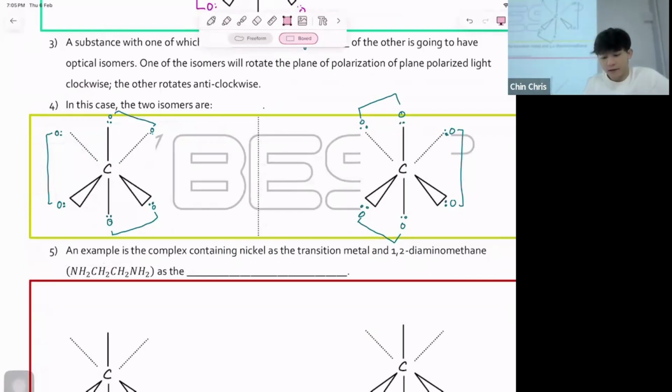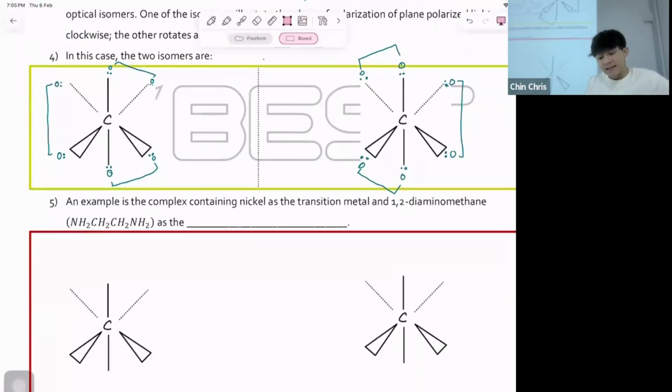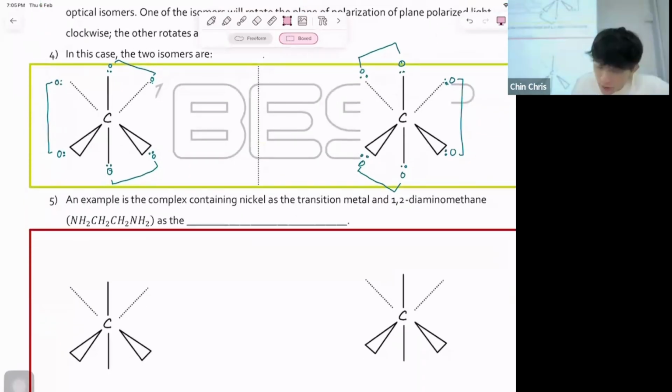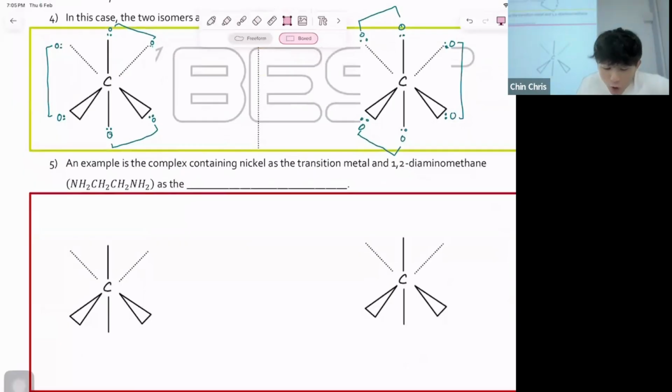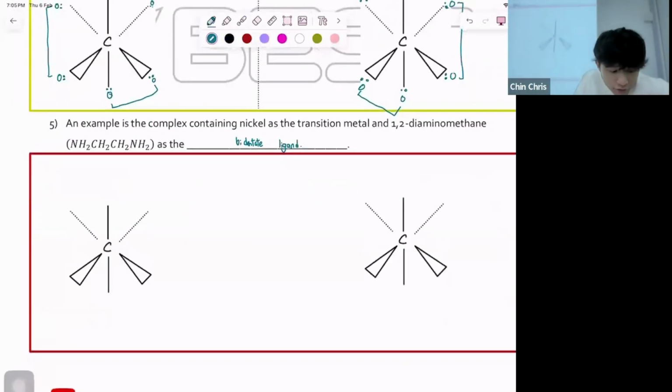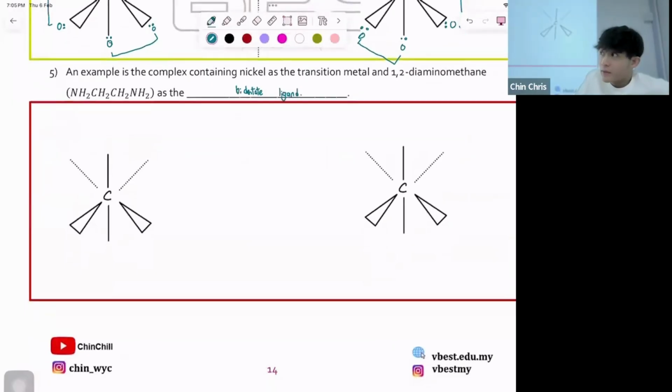All right guys, next. An example of this complex is nickel as the transition metal ion, with 1,2-diaminoethane. This NH2 CH2 CH2 NH2 is the bidentate ligand. I want you to draw the mirror image.